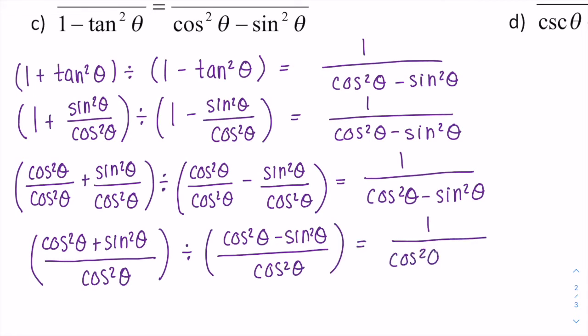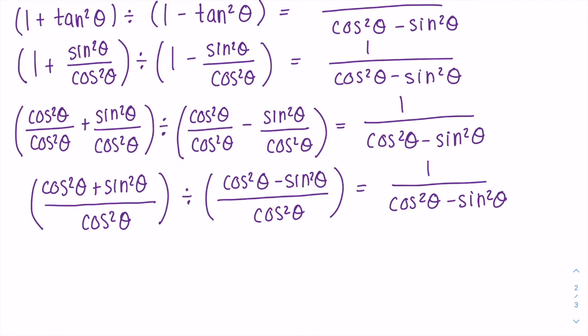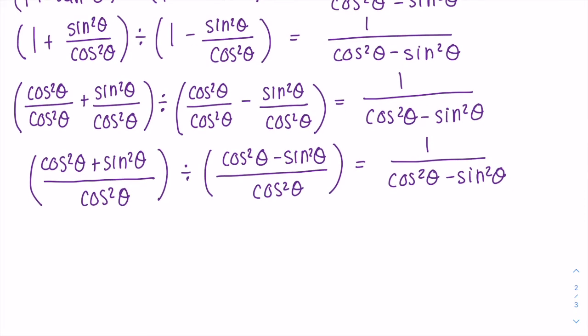We're still trying to equal our right side term here. Now, I can change this here to a 1, so I will do that. And I will also divide these. When we divide, we flip the second one and multiply. So let's do that as well.